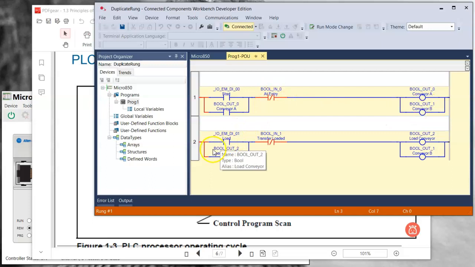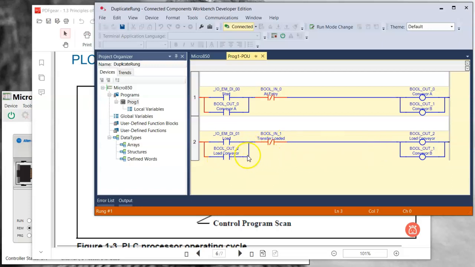All right. Then rung 2 was when we turned on the load switch, the second switch. We would start the load conveyor, and we would start conveyor B also, and we would move the box onto the load conveyor until it reached the sensor that detected the box was fully onto the transfer conveyor, I should say.